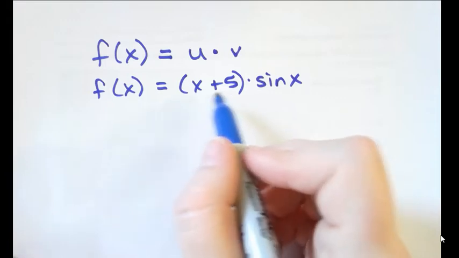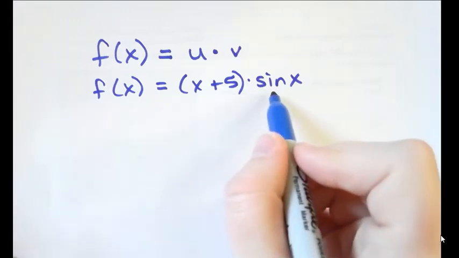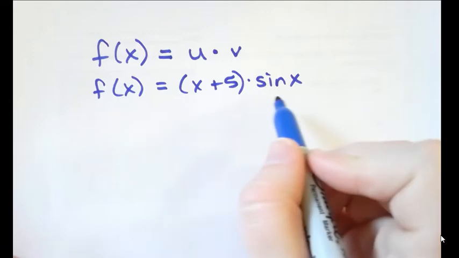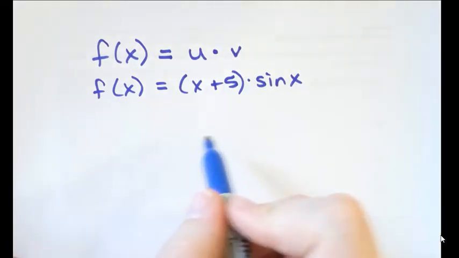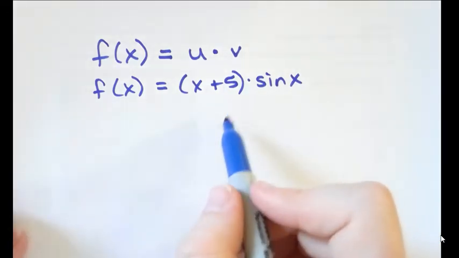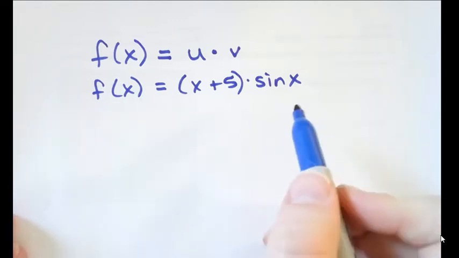This is especially helpful in this case if one of these functions is not a polynomial and we couldn't multiply these out. But for the purposes of this video, we will talk about how to use this with polynomials only.